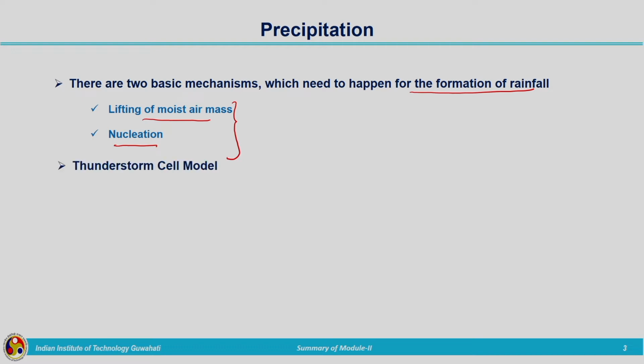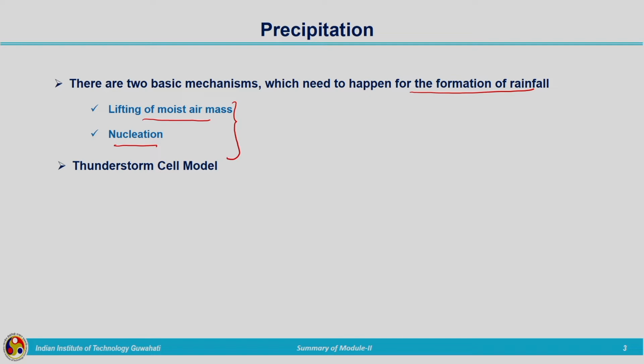After understanding the mechanism behind the formation of precipitation, that is, the lifting up of air mass and the nucleation, we moved on to the thunderstorm cell model, a convective cell. We considered a steady state convective cell.